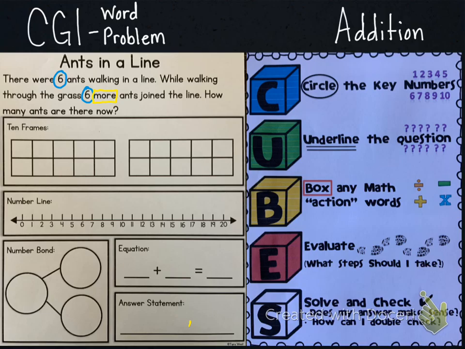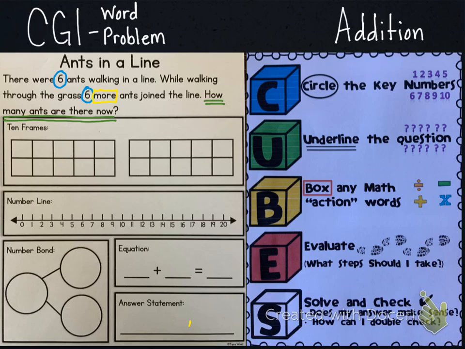6 more were there. The last sentence is, how many ants are there now? So the question is, how many ants are there now? I'm going to get my green out, and I'm going to underline the question. How many ants are there now?